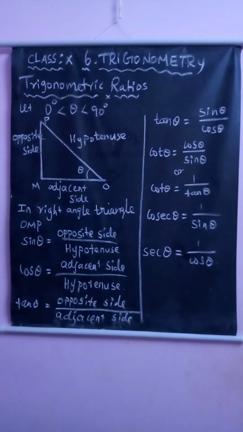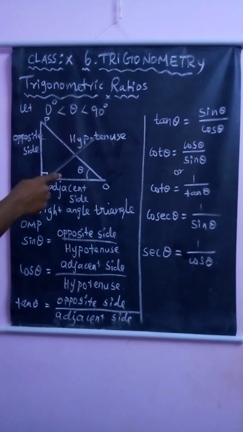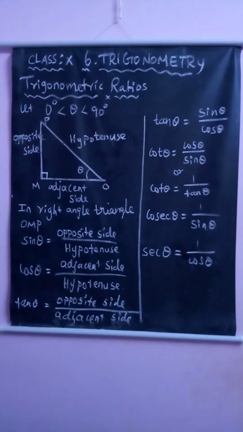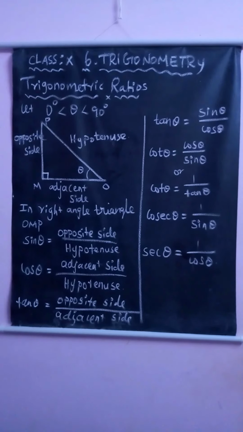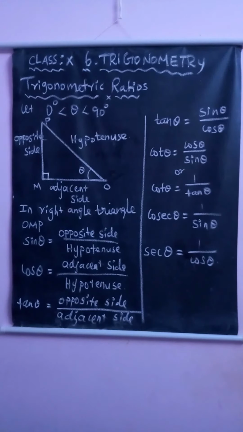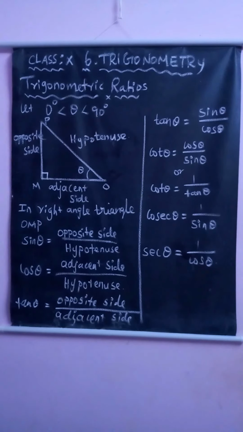The side opposite to 90 degree is the hypotenuse. The balance side is the adjacent side. Once again, the opposite side of theta is the opposite side, the side opposite to 90 degree is the hypotenuse, and the side adjacent to theta is the adjacent side.